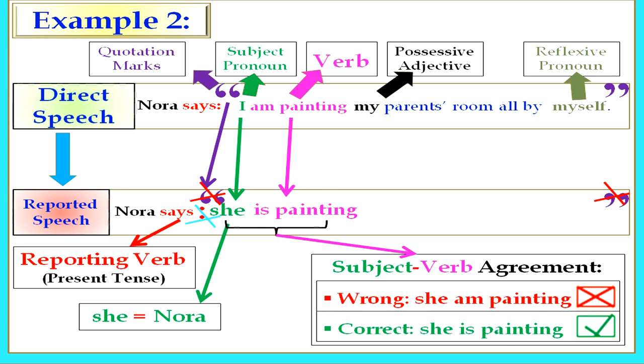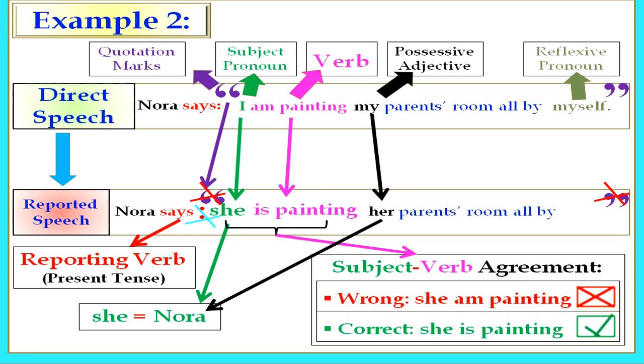The next change is the possessive adjective my. We change it into her. Why? Because my refers to Nora. So we have a different speaker now. That's why we use her to refer to Nora. Next is parents' room all by. So this part here, there is no change.